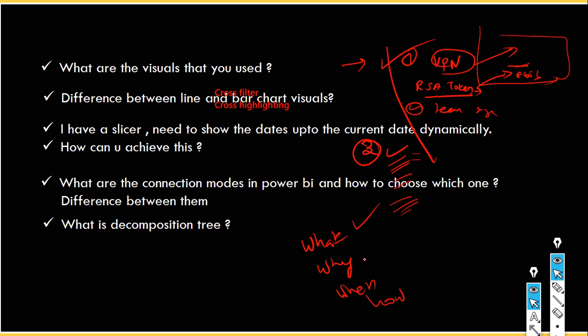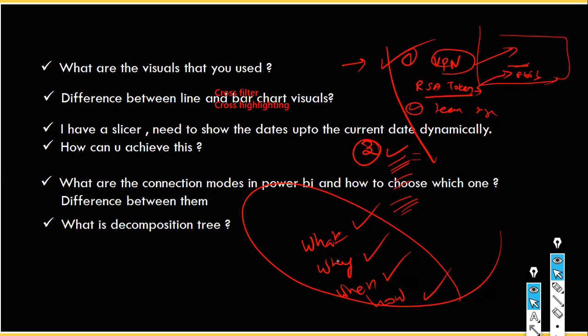So what is a sync slicer, why is it to be used, in what kind of scenario did you use it, how did you use it? What, why, when, how. You take any subject. If you have an answer for this, by keeping in mind these 3 W's and H, if you prepare, you're all set.